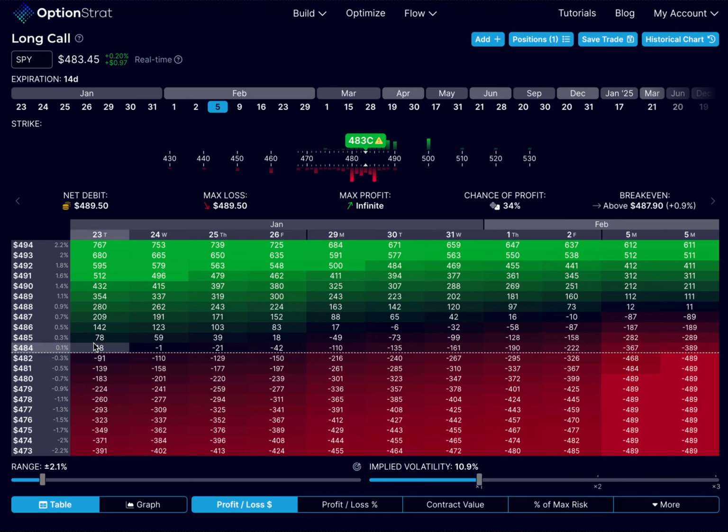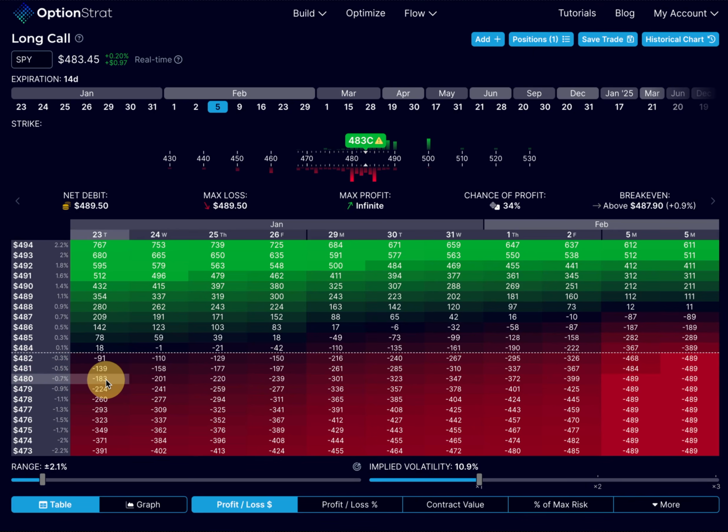Now, let's just say the market does move in my favor. Let's say that I enter this position in the morning, and later today, the market rockets up to 487. Well, if that were to happen, I would be up $209 in this trade. Or later today, the market drops down to 480. Well, I'm going to be down $183.